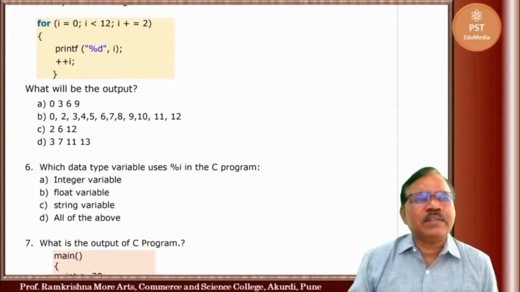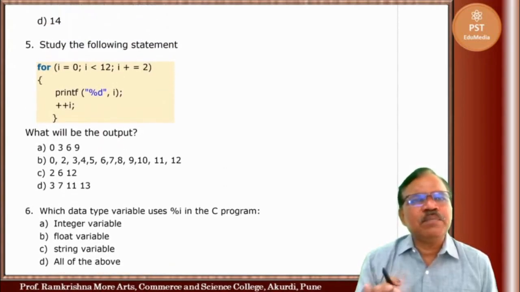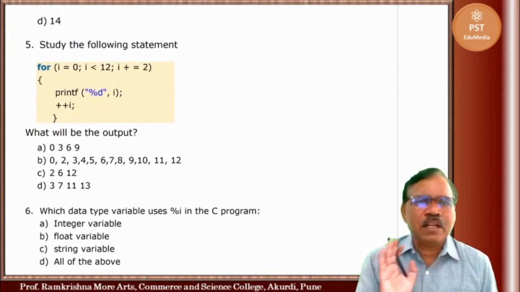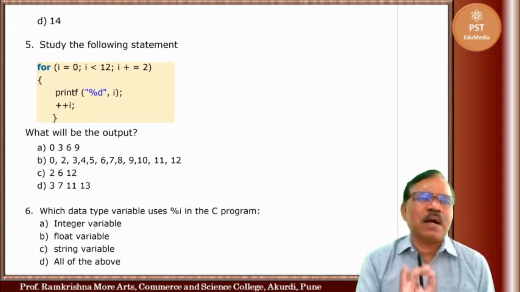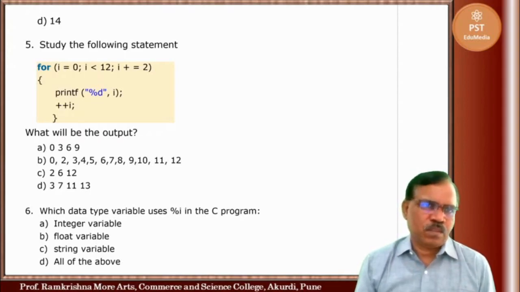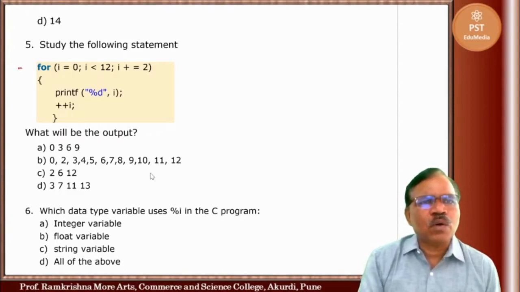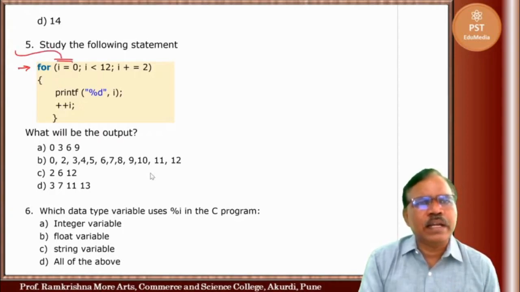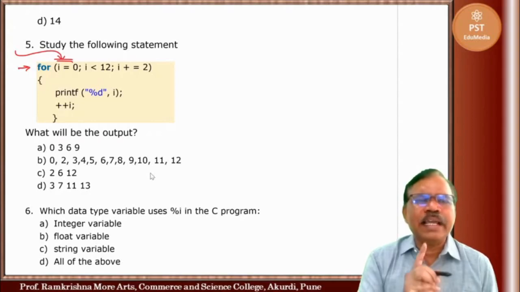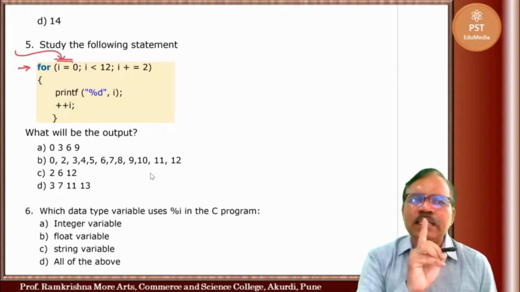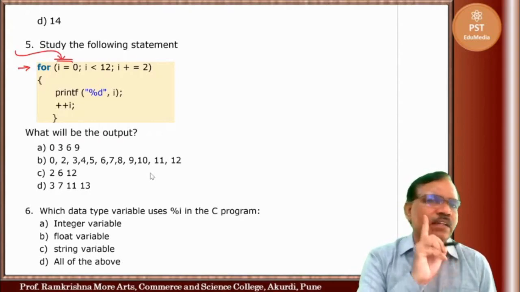Now next one. Study the following statement and what will be the output. Now carefully, it is a for loop. So here, for i is equal to 0, this is the first statement. When control enters here, expression 1 is evaluated, and it is evaluated once.